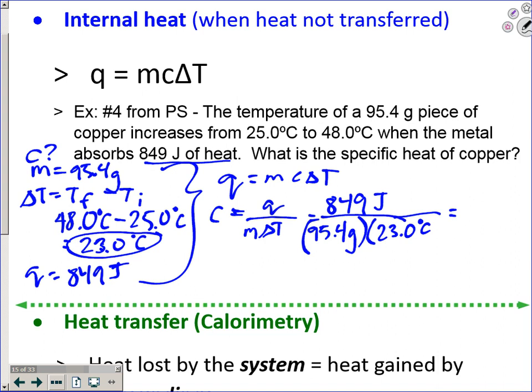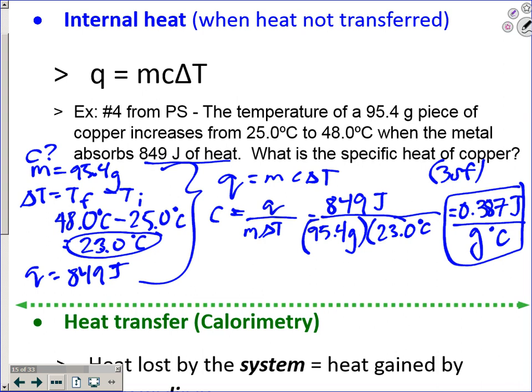Point what? 3. How many sig figs do I need? 3, right? So I need 3 sig figs. So then what is the answer? 0.387 joules per gram degree C.